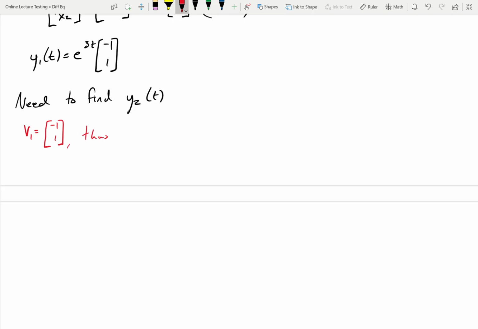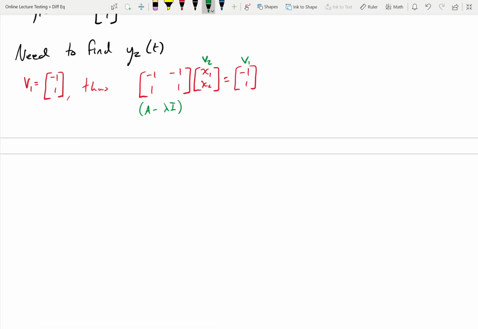Thus, negative 1, negative 1, 1, 1, and I'm going to write here x1, x2 equal to this v1, negative 1, 1. Just to mark where these are coming from, this is going to be our v2 that we're finding. This is our v1, and this is A minus lambda I.